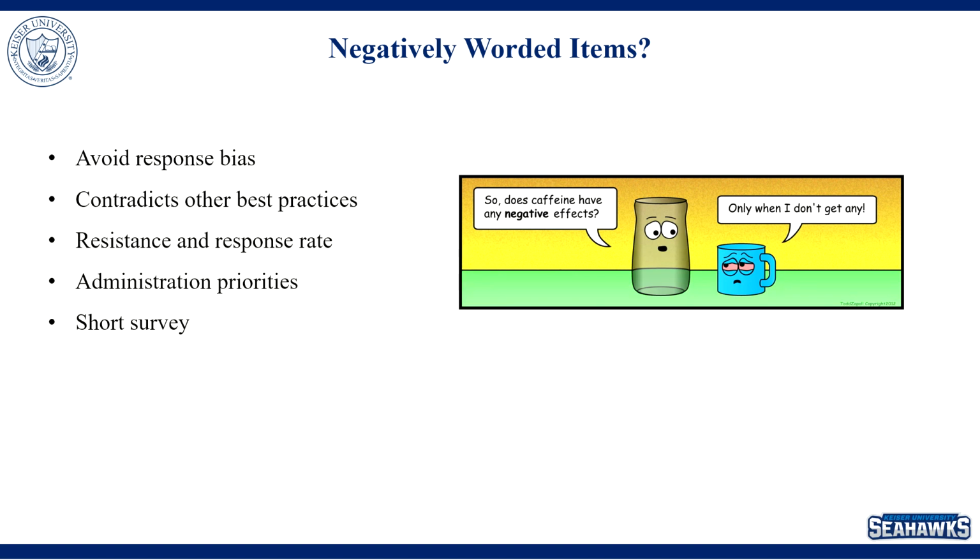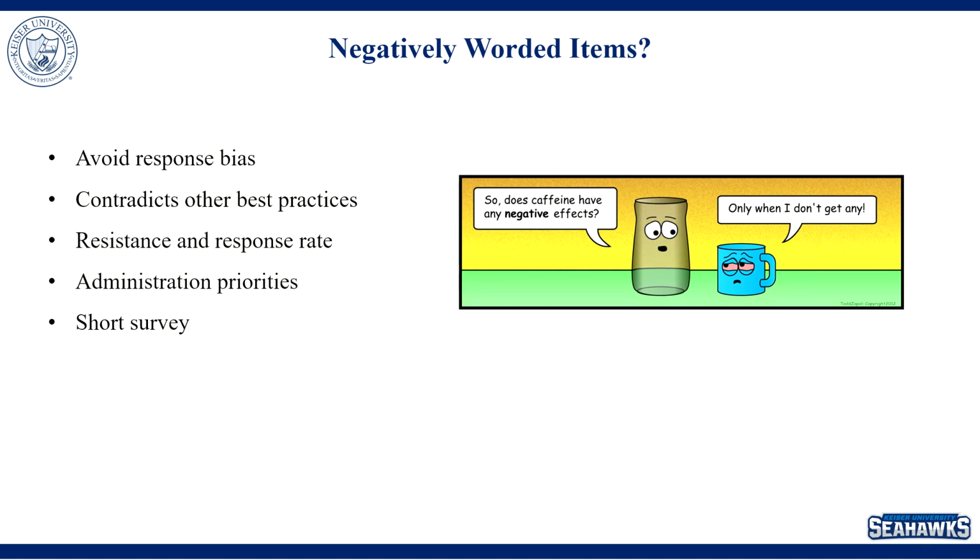So how dissatisfied are you with your manager, or something of that nature, with the idea being that if all of the items are consistently going one direction, positive direction, someone can simply stop thinking about what is being asked, and you may get more accurate responses if you switch around.